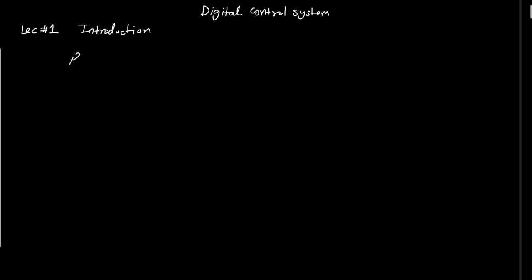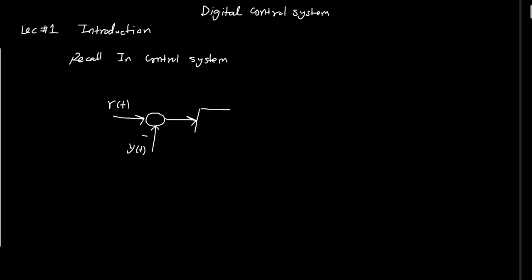So recall, in control system, the following feedback configuration is used. I'm having here a comparator where I'm comparing the reference point with the actual output.